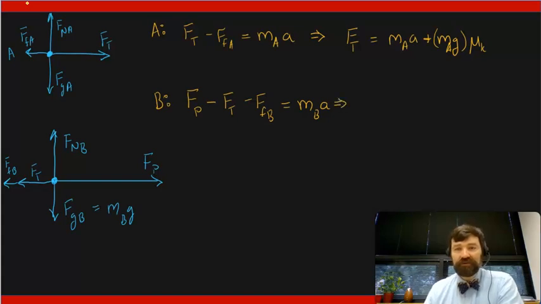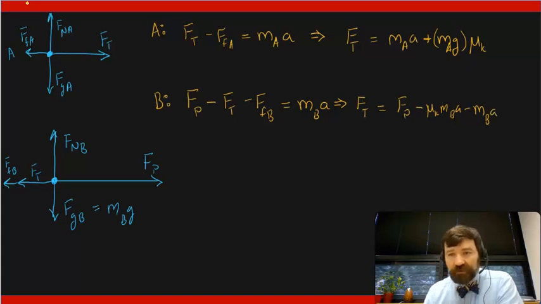And so we could essentially, with some rearranging, say that F tension here is equal to the pulling force minus the friction, so mu k m_B times g, minus m_B times a.